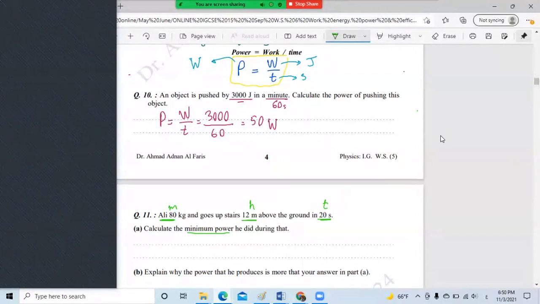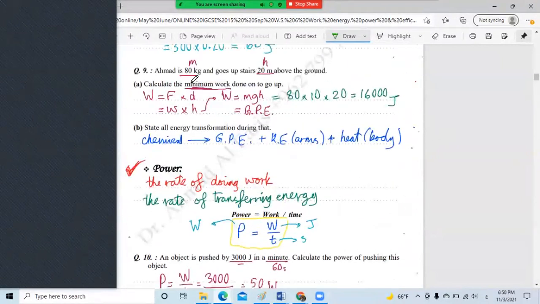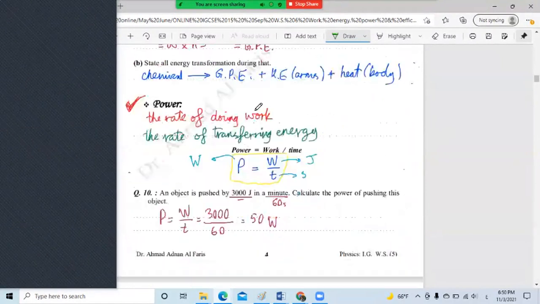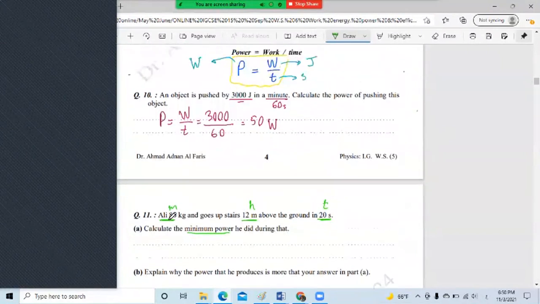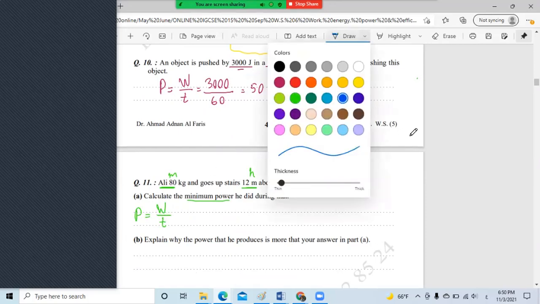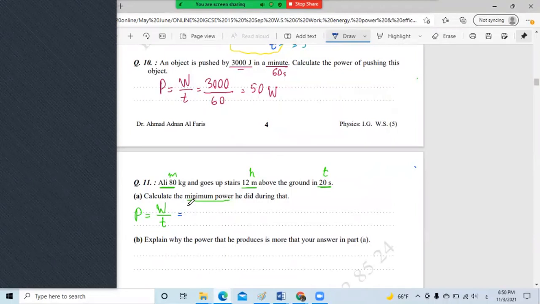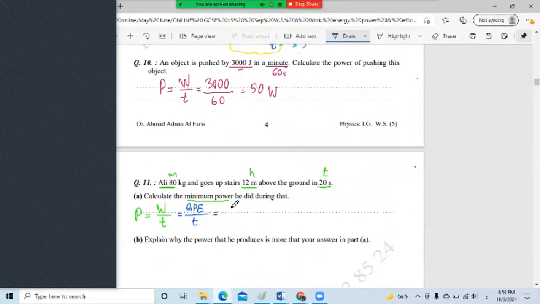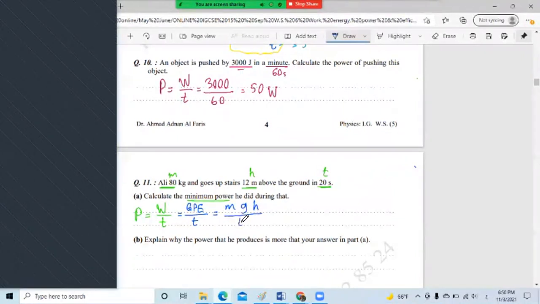We said before that when you go upwards, the work that you are doing is gravitational potential energy. So they ask about the minimum power, and we know that power equal work over time. The work here is the gravitational potential energy because they go upstairs. So GPE over the time, and GPE is equal to mgh divided by time.